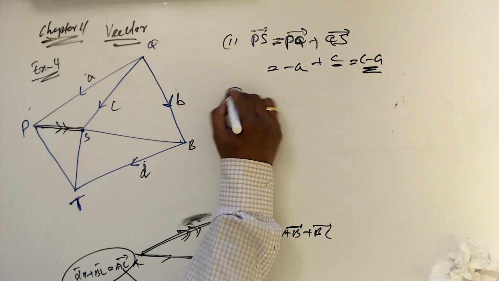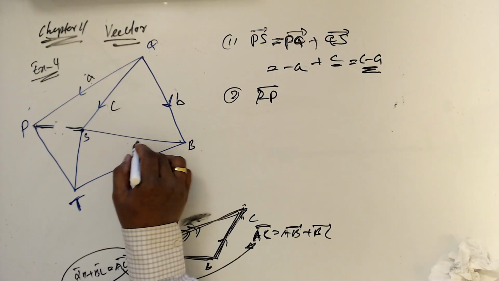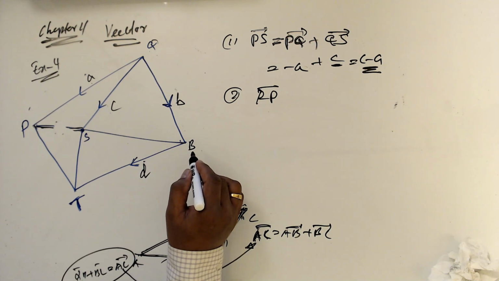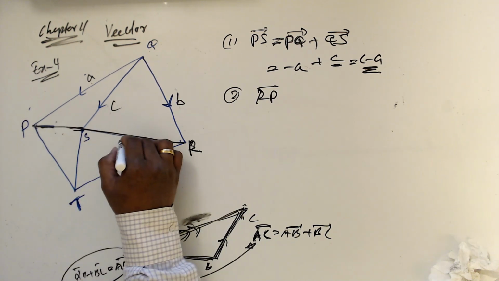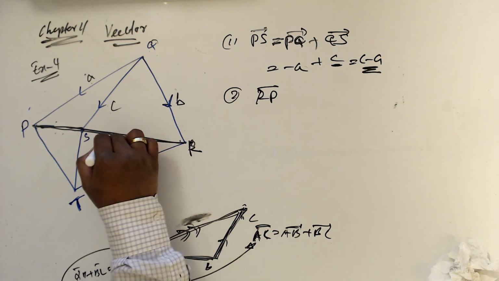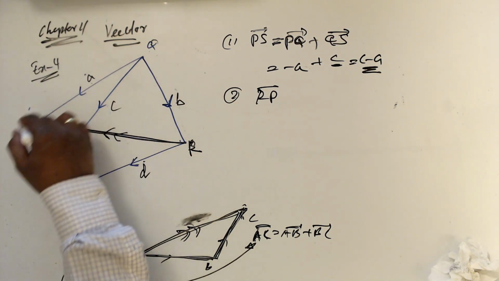Now part 2, RP. This is actually R. So RP. Now this is the vector. Now I want to bring it to a triangle.